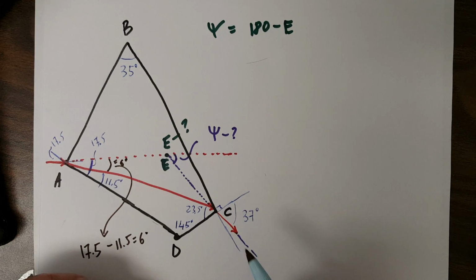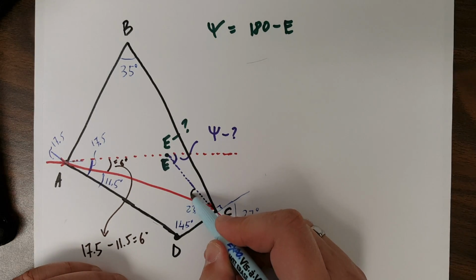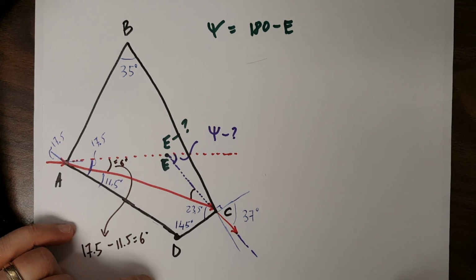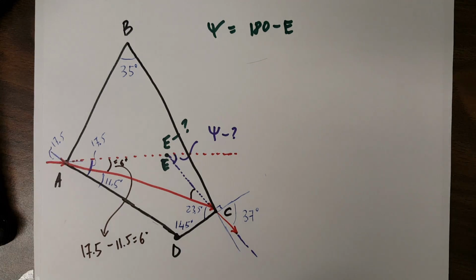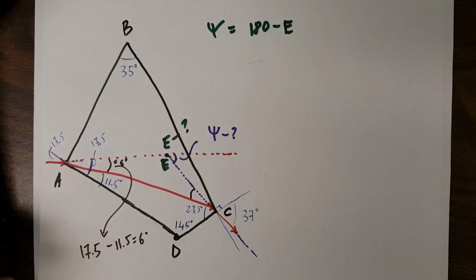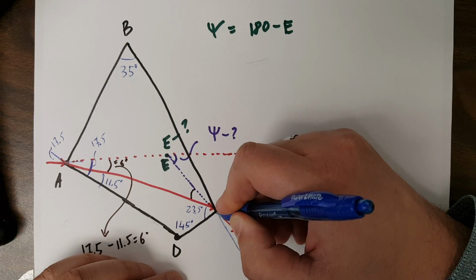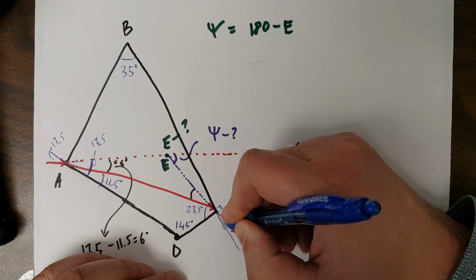What about this one? That's another one we need. Unfortunately, I didn't have a protractor and I didn't use a ruler to draw this picture as accurately as possible. But again, if we look at this point, we have two lines crossing each other here.